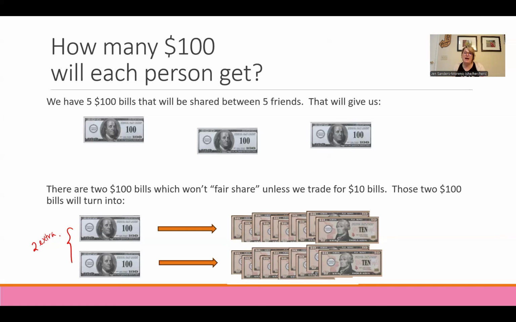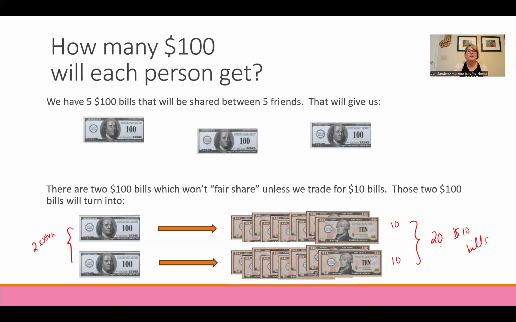So here, I'm going to have 10 $10 bills and then another 10 $10 bills. So we'll have a total of 20 $10 bills. Okay, so where we're at right now is that each friend has a $100 bill, and now we're trying to share the other 200 as 20 $10 bills.